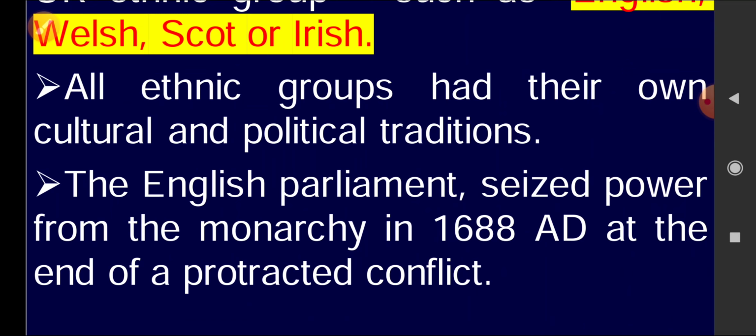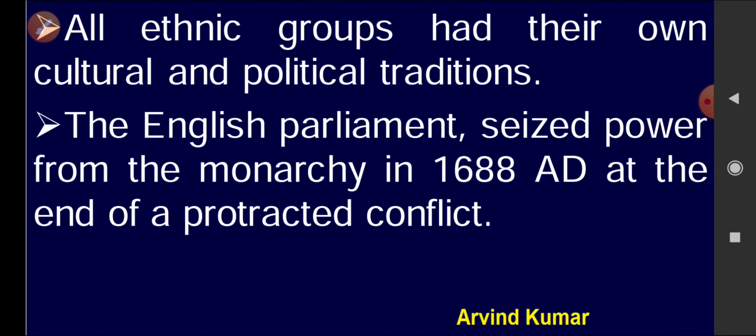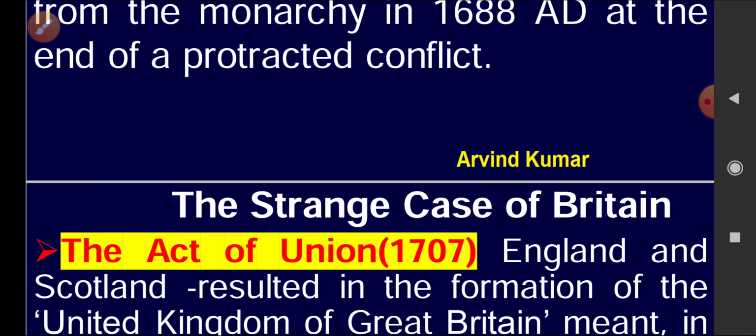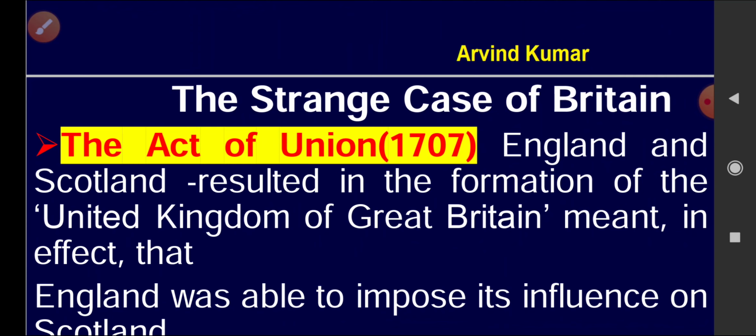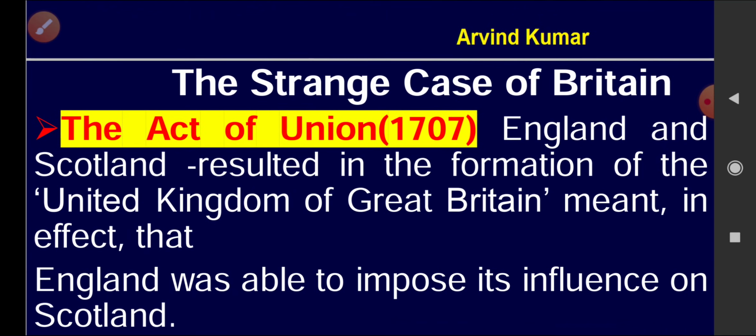Though the major problem was of English people. The English Parliament seized power from the monarchy in 1688. It became a democratic nation after the Glorious Revolution of 1688, which ended monarchy rule, and it was the beginning of democracy in England.